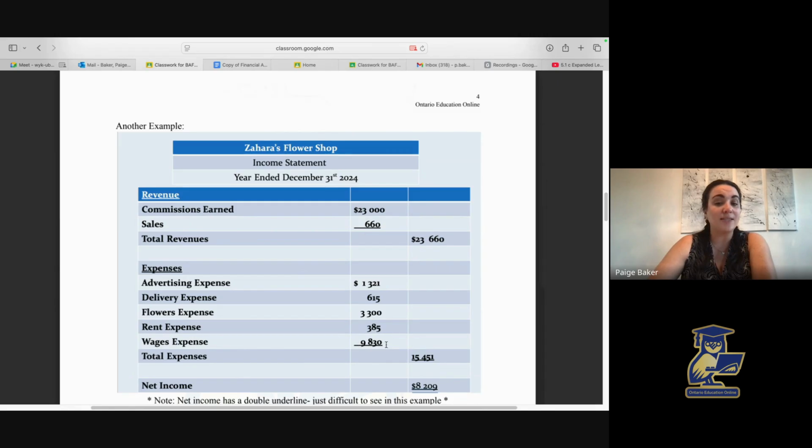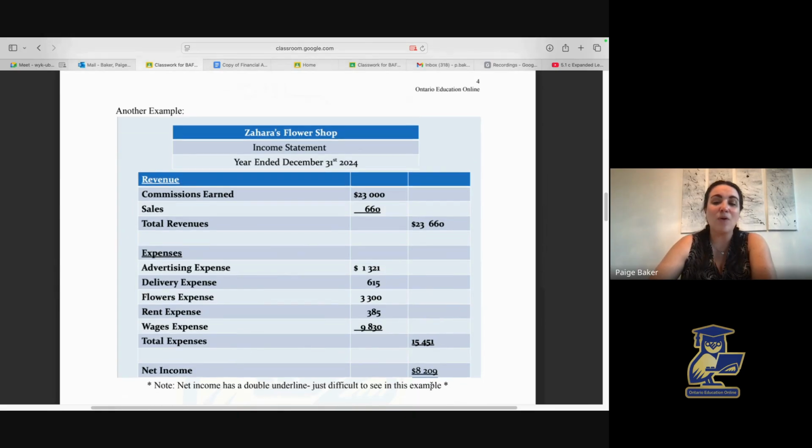We're going to have the single underline to show that we're adding them. And then our total expenses will go into the second column. And we will take our total revenues and subtract our total expenses. Again, this single underline is showing that we're doing a subtraction here. And our revenue is greater than our expenses, so we can see that we have a net income. I wrote in your notes here that this does have a double underline. It's just difficult to see in this example.